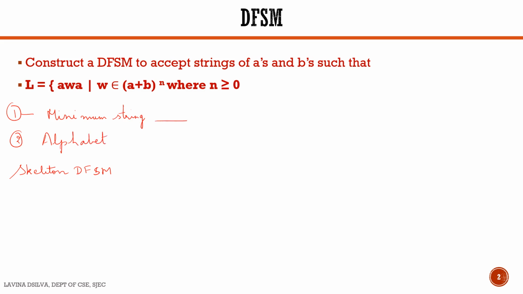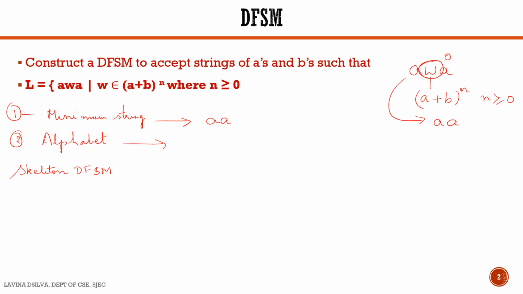So the minimum string here is, we have a format AWA, where W stands for (A+B)^n, and n is greater than or equal to 0. So if we do not have any W, so W is raised to the power 0, what happens to the string? We get A and A. So the minimum string here is AA.